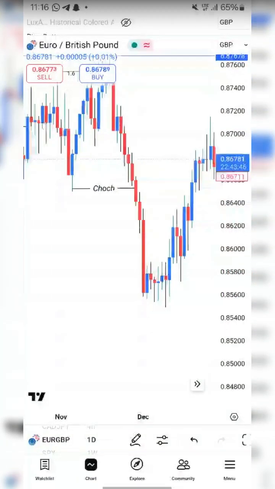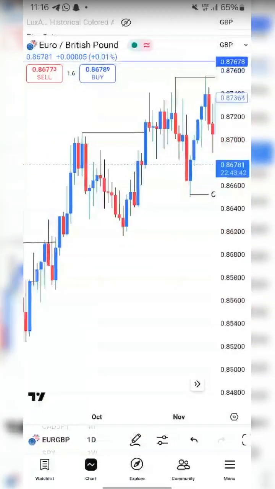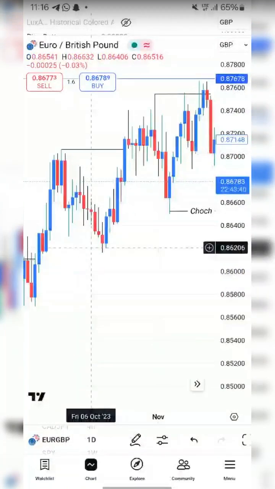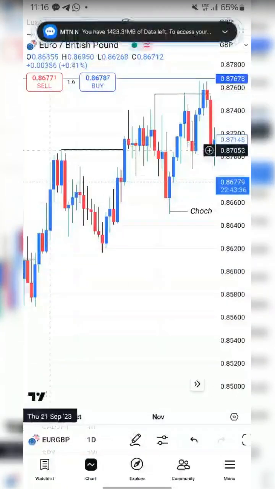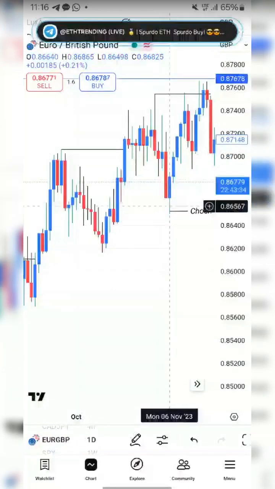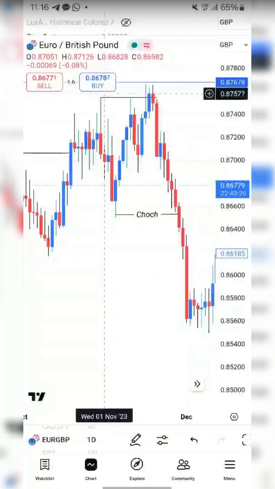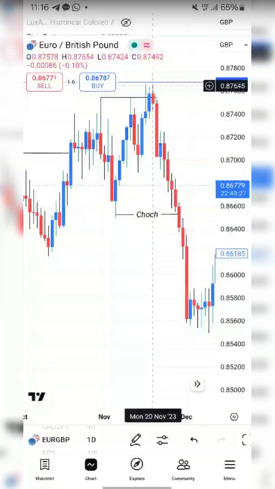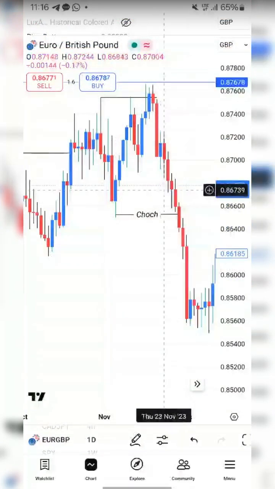So now, why do I call this a change of character? Because this particular low, this higher low here, created this move, broke this guy. Then from here, it came down here. From here, it broke this market structure to the up. But it's supposed to come inside here, maybe to this point.